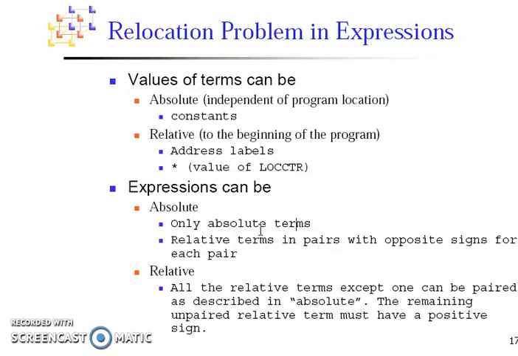In such a case, the expression is treated as absolute. A relative expression is one where all the relative terms except one can be paired as described for absolute. The remaining unpaired relative term must have a positive sign. Such an expression is treated as relative.